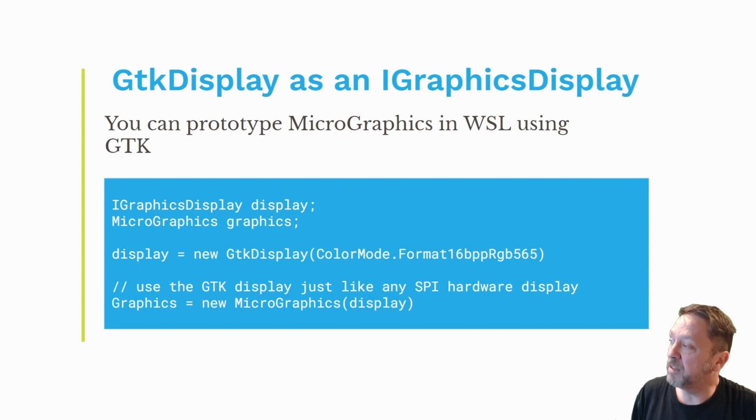You can see here the code shows that we have defined a display and a micrographics. Basically, we just create the GTK display just like we do with any other, and then we pass it into micrographics. You can then use micrographics to affect your UI and build it however you want. The nice thing here is this allows you to run it on your desktop in GTK without having to deploy it down to the device, so you can iterate a bit faster.